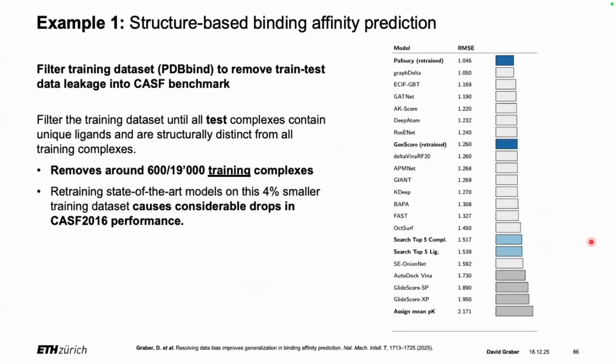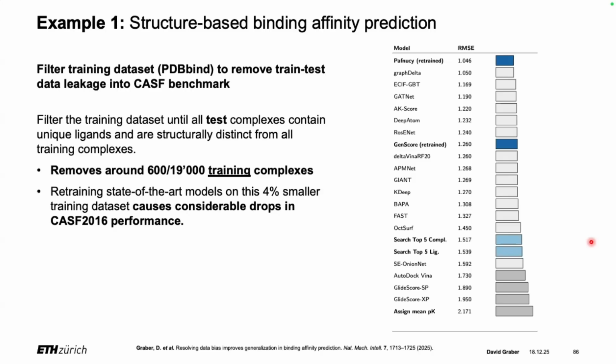So we then filtered this training dataset to remove this train-test data leakage and see how it looks after that. We just filtered the training dataset until all test complexes contained unique ligands and were structurally distinct from all training complexes.